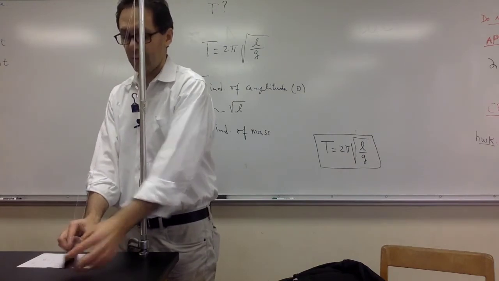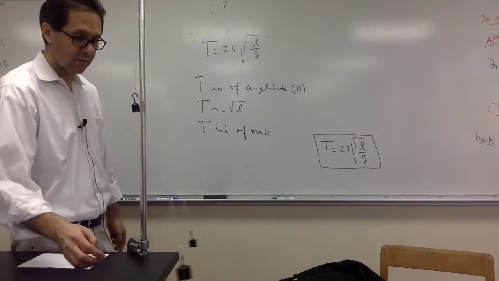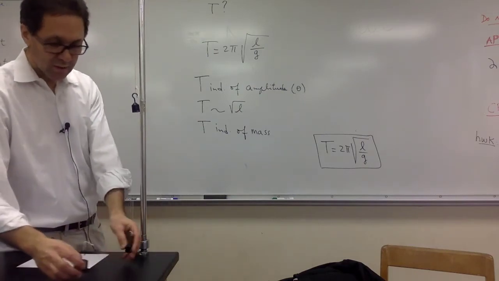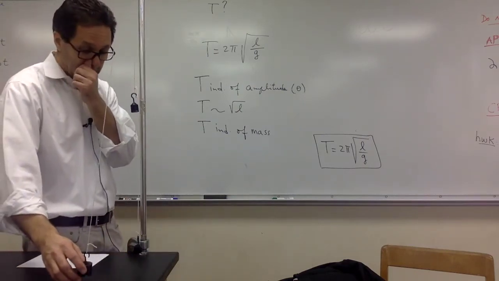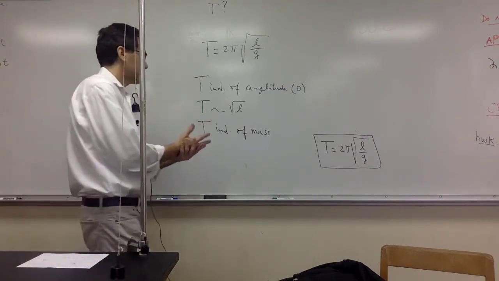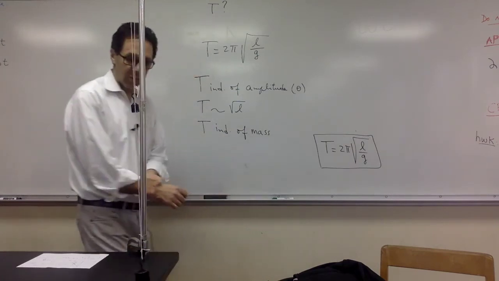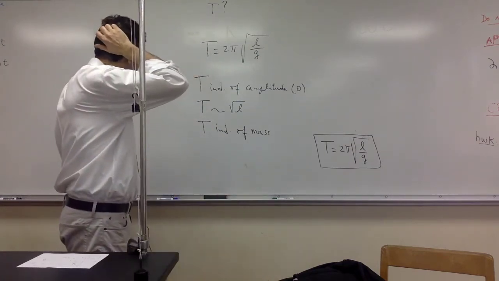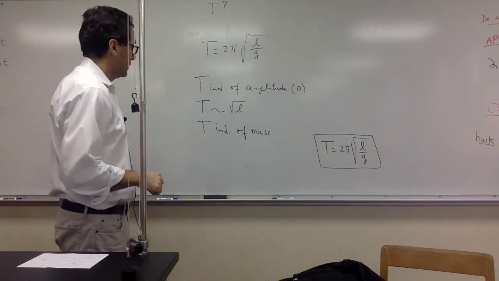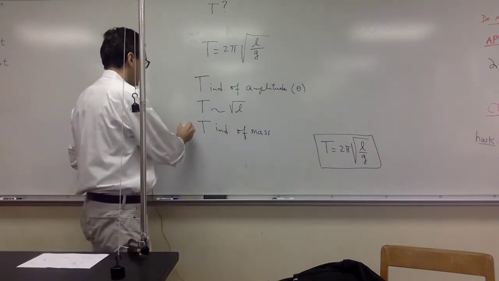If I let them go, they're pretty much in sync in the very beginning. And we said in the past that technically this mass is falling, it's just falling sideways, not straight down, and all objects fall at the same rate in the absence of air resistance. So T is independent of mass for that reason.